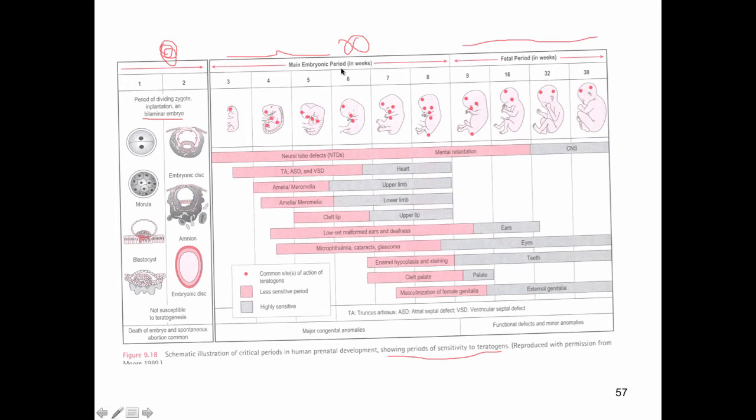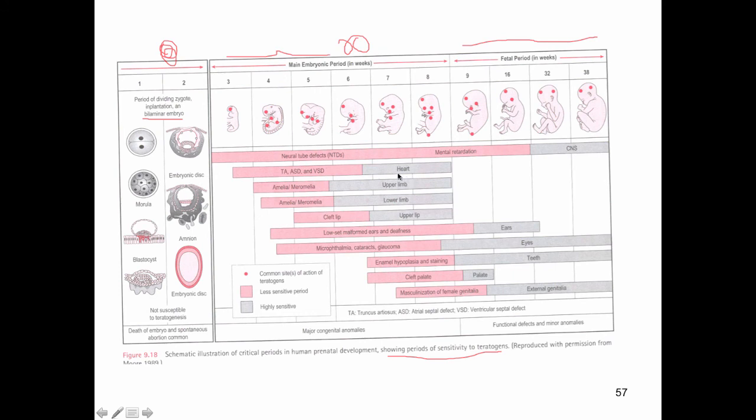Now this embryonic period, you can see, depending on the stage, different time periods reflect times where these structures are growing. So introduction of a teratogen during these periods of time can affect these structures, right?